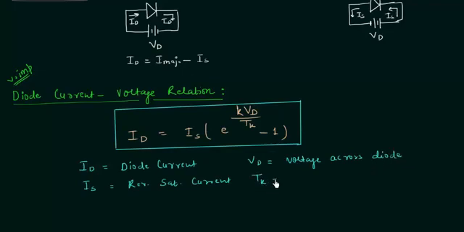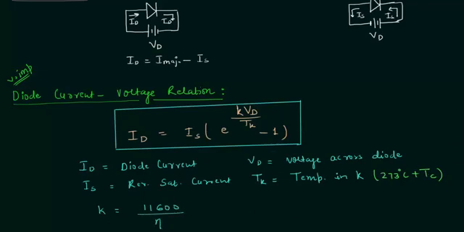TK is the temperature in Kelvin, and if you have the temperature in degrees Celsius, then add 273 to the temperature in degrees Celsius. Small k is the Boltzmann constant, and it is given as 11600 divided by eta.